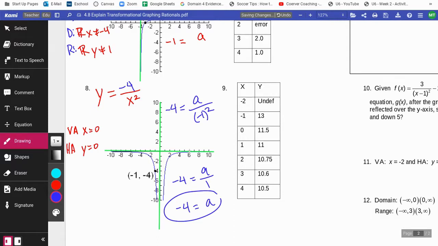And then the domain: all reals, x cannot equal 0. The range, however, goes from 0 to negative infinity. So this is y is less than 0, or we can say negative infinity to 0. All right.